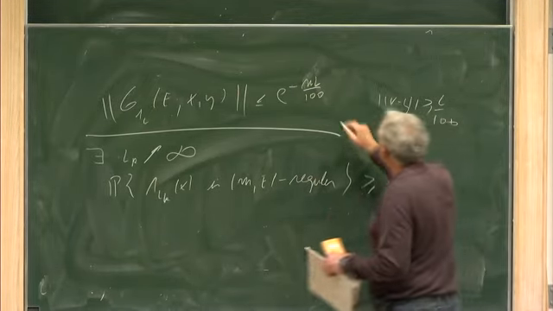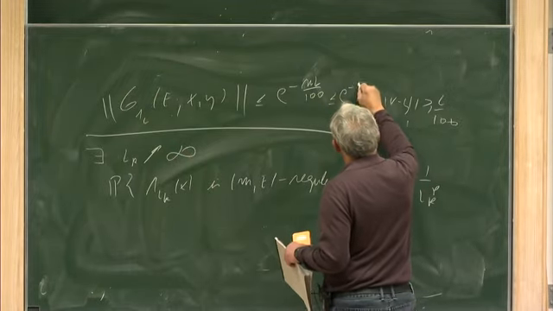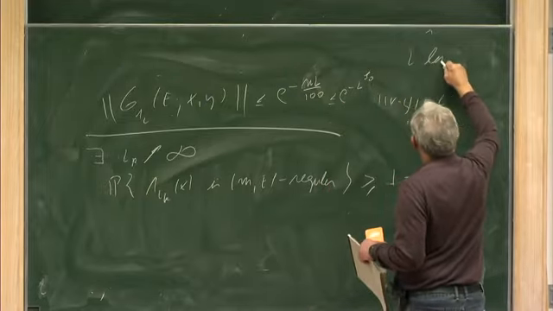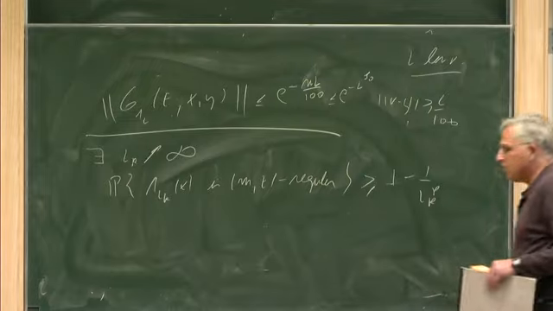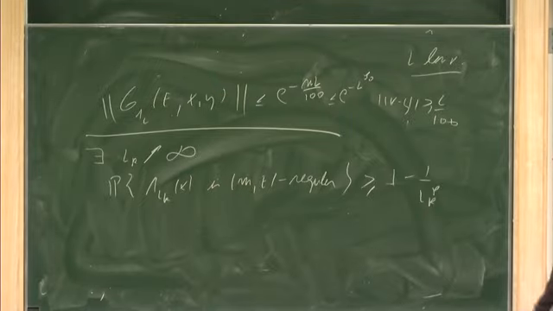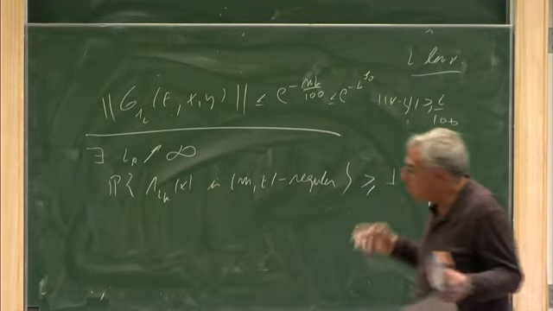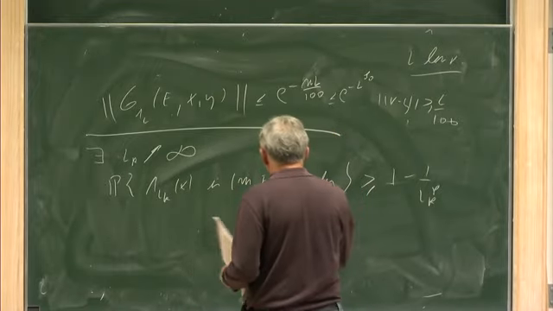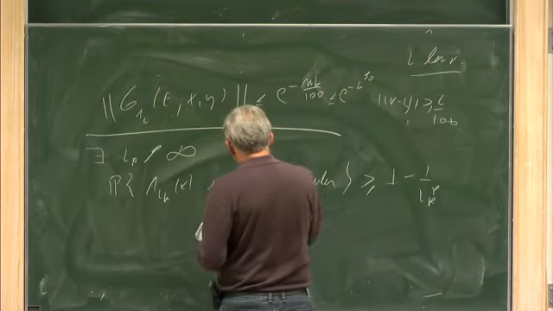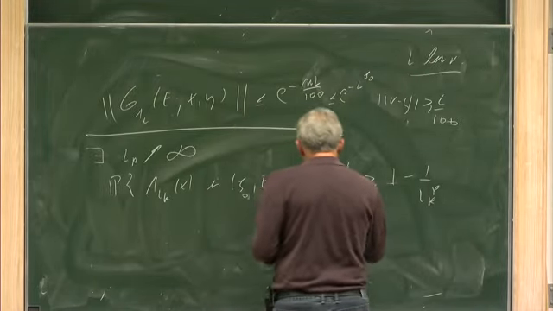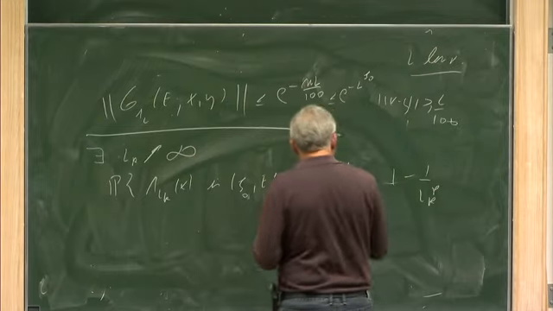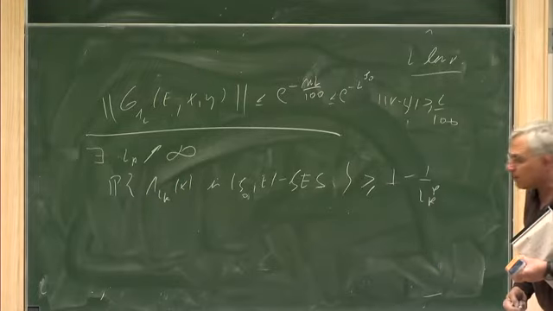And clearly, for L large, this is true, right? At some point on, this is going to be true. So what we proved is that there is a sequence Lk going to infinity, such that this is sub-exponentially suitable with zeta 0, bounded by that.